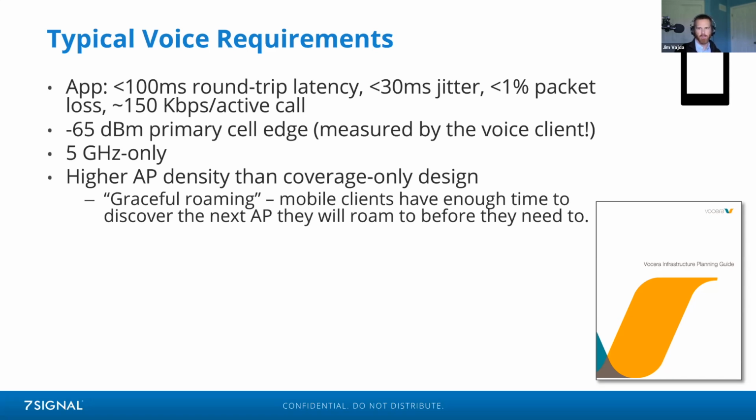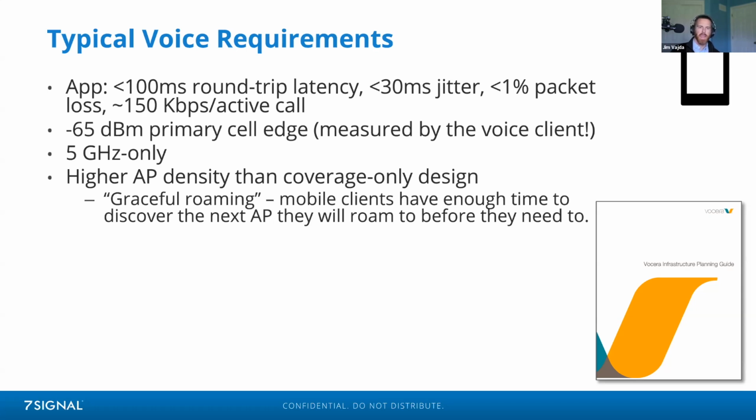what I like to call graceful roaming, which is where the client's well aware of the next AP it's going to roam to before it's time to roam. So before its signal strength has dropped to that threshold where it's ready to roam, it should already be aware of that next AP because it's heard its beacons, it's been able to probe, and it knows it's close enough to it that it's a good roaming candidate.